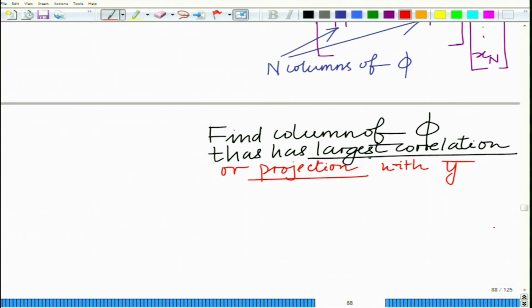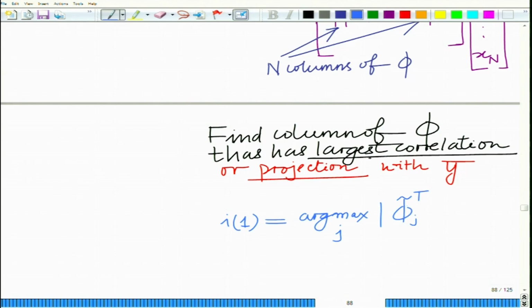So, at the first stage, we choose I1, the index, amongst all the j columns, as the one that maximizes the projection.